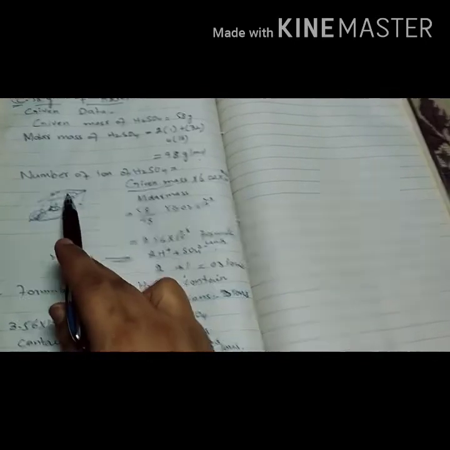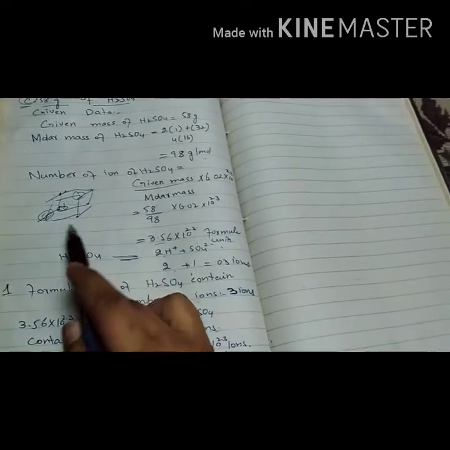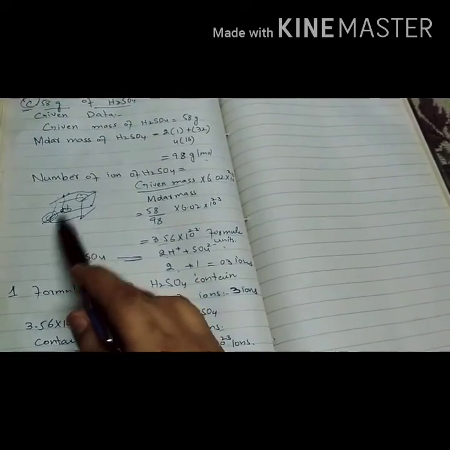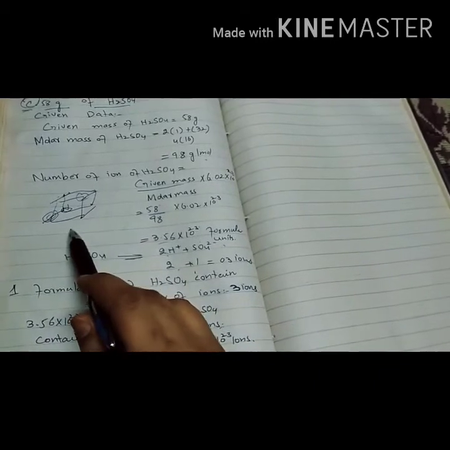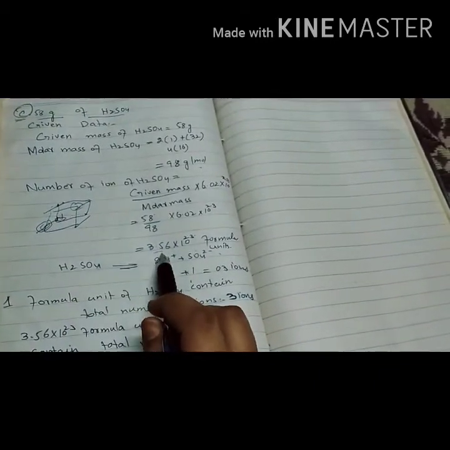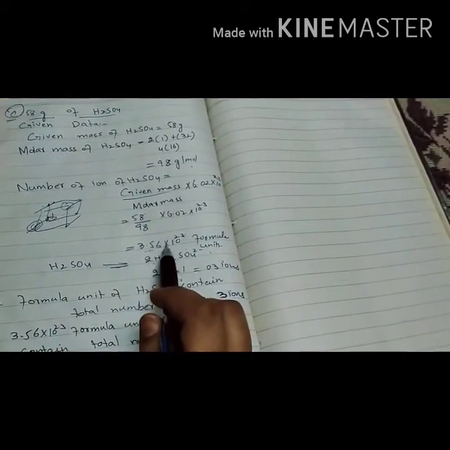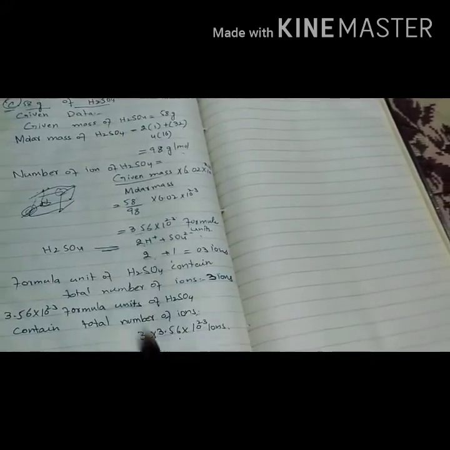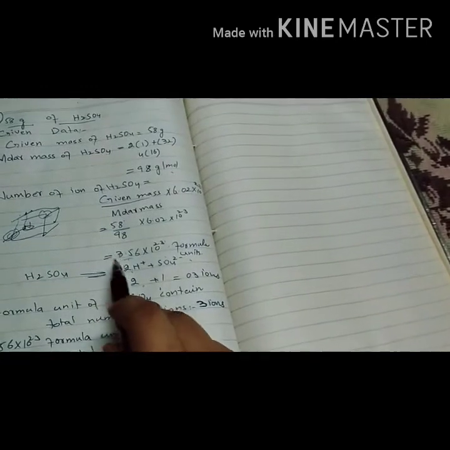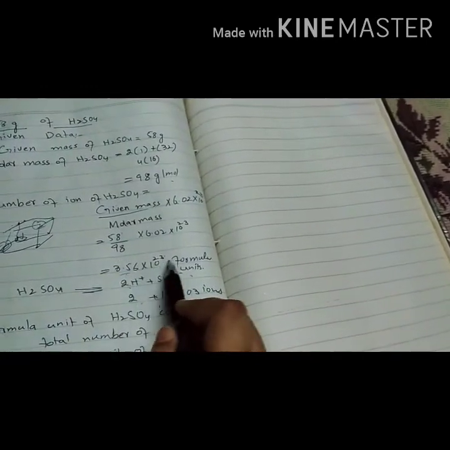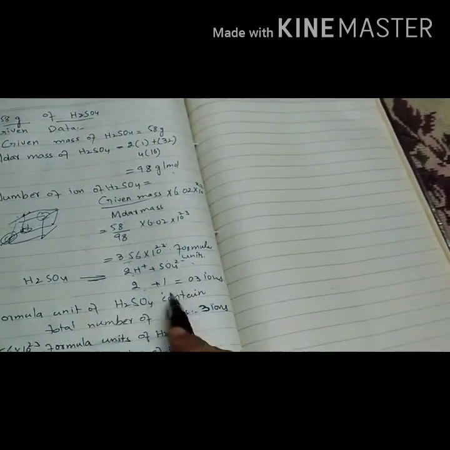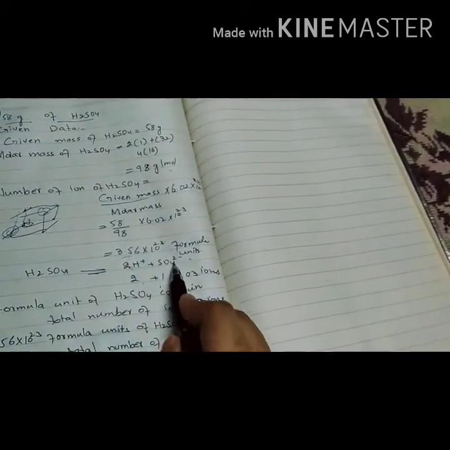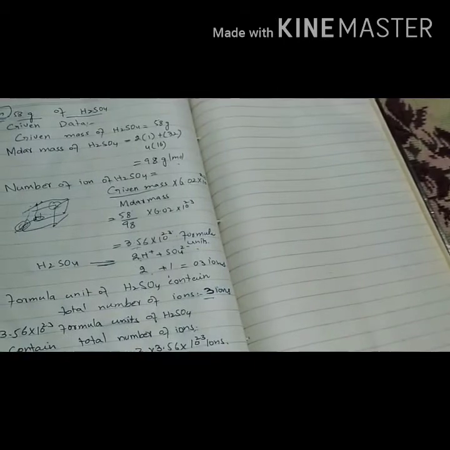these 3.56 formula units, similar formula units which have 3.5 equal to 3.56 10 raised 23, and number of ions in these formula units can be calculated by multiplying 3.56 10 raised 23 by 3 ions, which is the 2 hydrogen and sulfate ions, and total number of ions are 3.